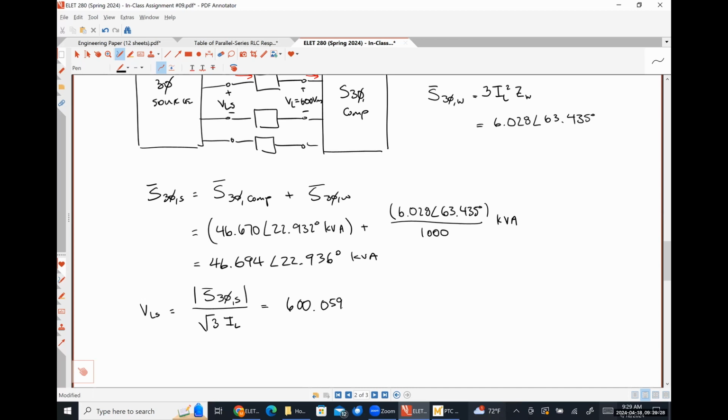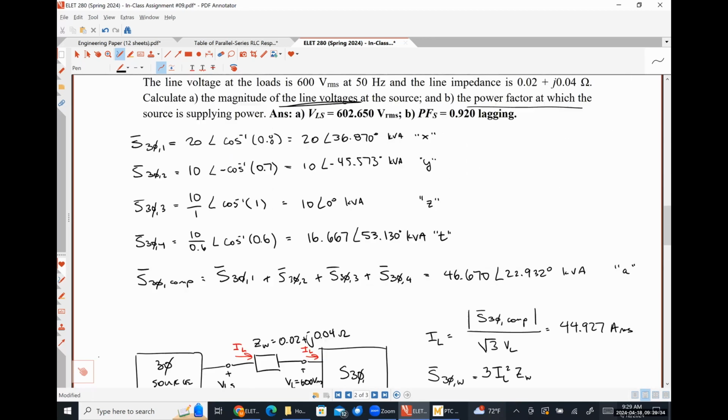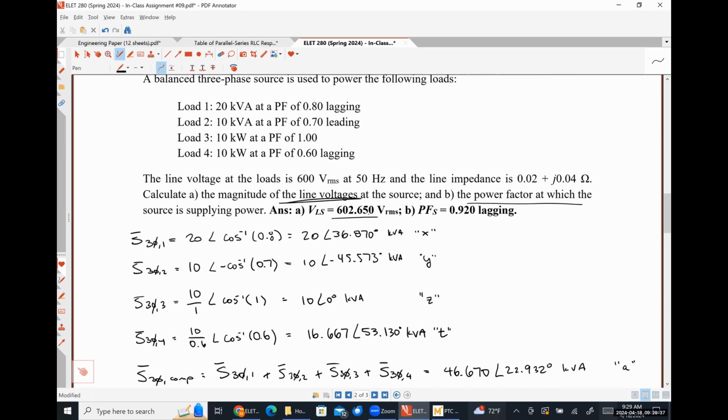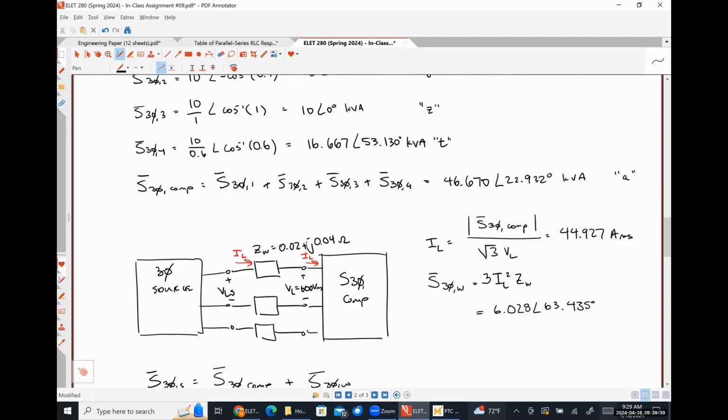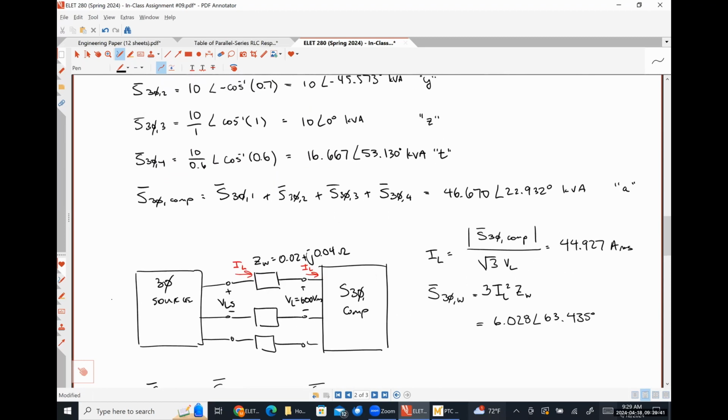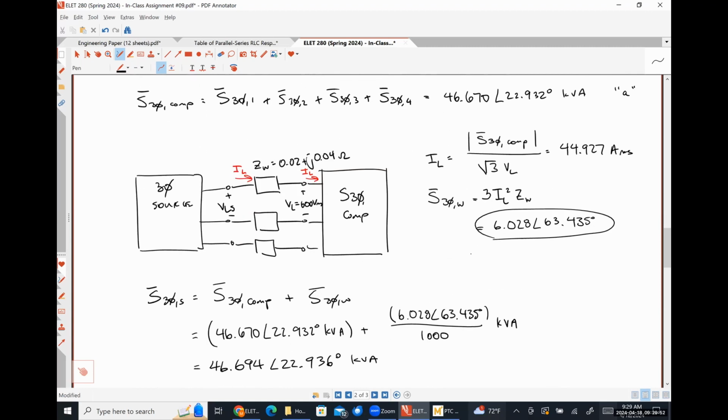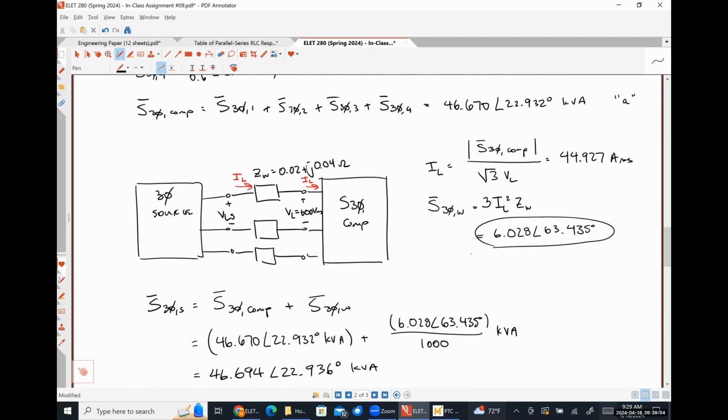So I got 600.059 here, volts RMS. Just to be clear, I am aware that that does not match the 602.650 here. I'd be willing to bet that I made a mistake when I first solved this and didn't account for that being in volt amperes and not kilovolt amperes. So our process that we have done for sure is correct. I think I probably made a mistake on that.